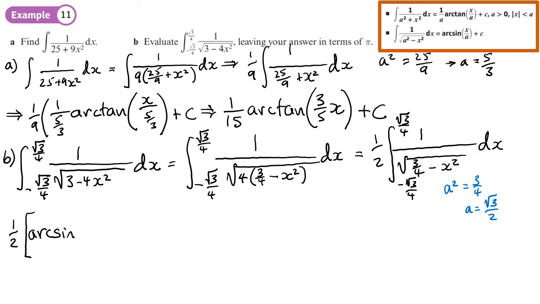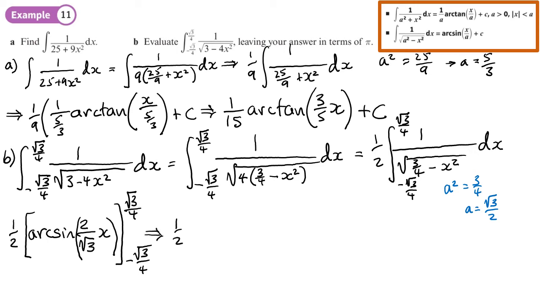So 2/√3 x, and my limits, √3/4 negative √3/4. Right, now let's substitute.